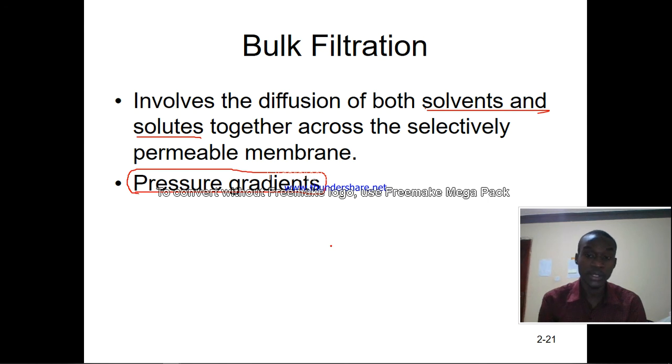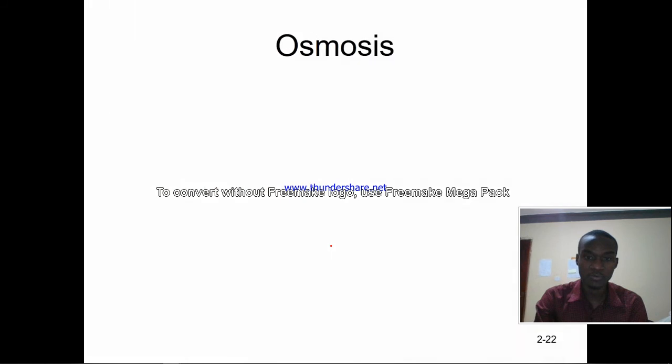If you take an example of a vacuum, a vacuum is trying to pull something from one end to the other. So those mechanisms can also be utilized, but it is usually applying pressure to the side where we have the highest concentration. So we force these molecules to bypass this plasma membrane and then they go where they are in low concentration. So that is bulk filtration.